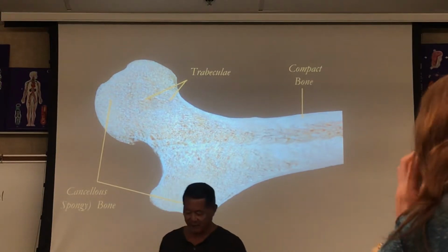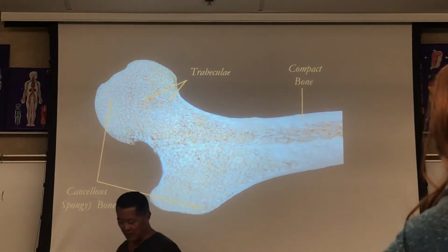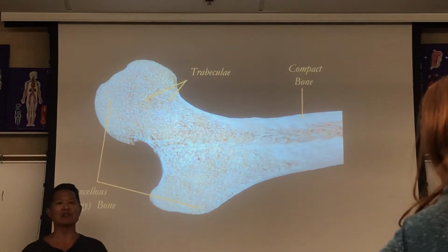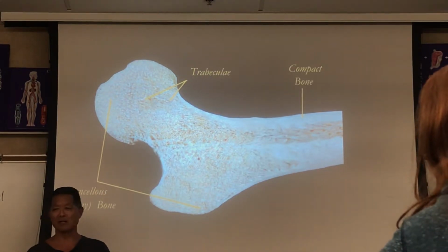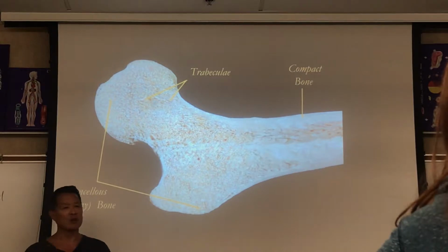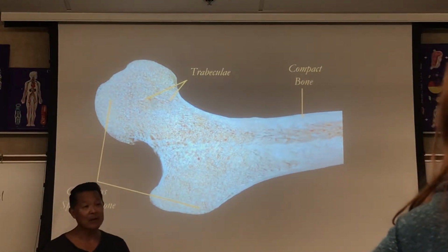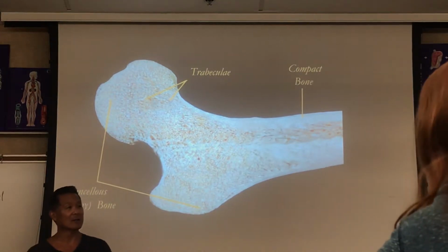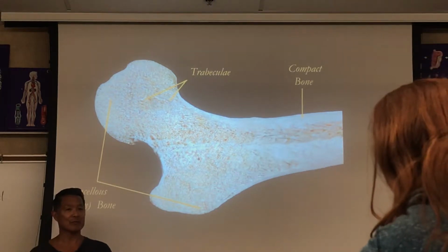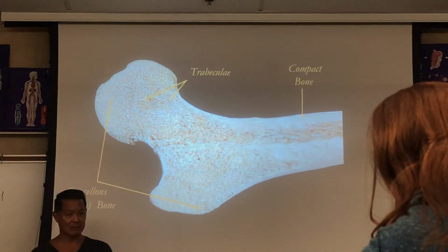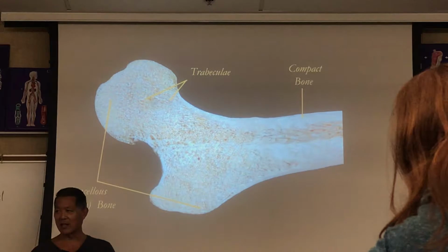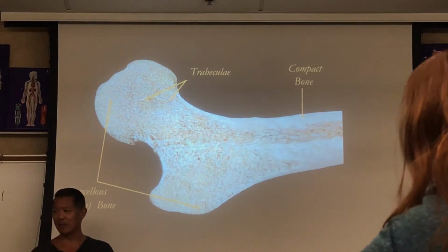Go up above to microscopic structures and see where it says perforating canals. Full name is Volkmann's. Everybody see that? You can't see those with the naked eye. They're microscopic. Perforating canals you cannot see with the naked eye. They're microscopic.